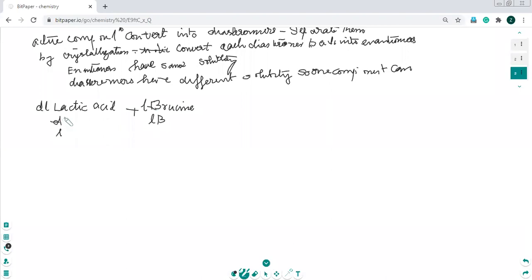So here you have D lactic acid and L lactic acid. Now, this will form two salts. Which are they? D lactic acid, L brucine salt.